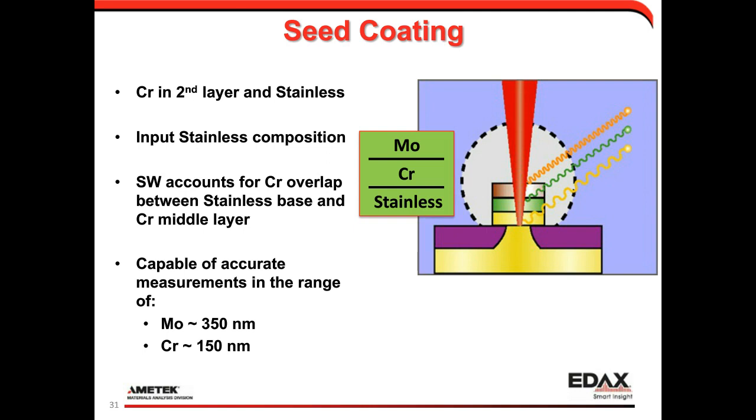So this becomes a little bit more of a difficult situation. You have to determine the composition of the stainless, how much chrome is in it, and then we account for that in our modeling, and that allows us then to determine the chrome layer thickness as well as the molybdenum thickness. And so the modeling in the system was used to measure chrome seed layers around a couple hundred nanometers. The moly back contact are also around a few hundred nanometers as well.